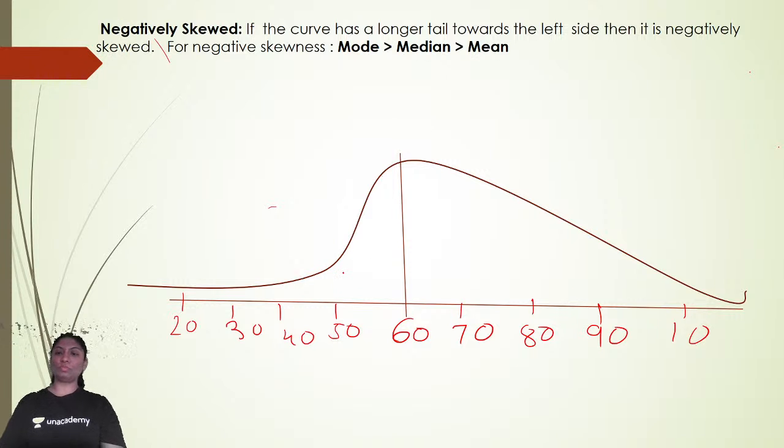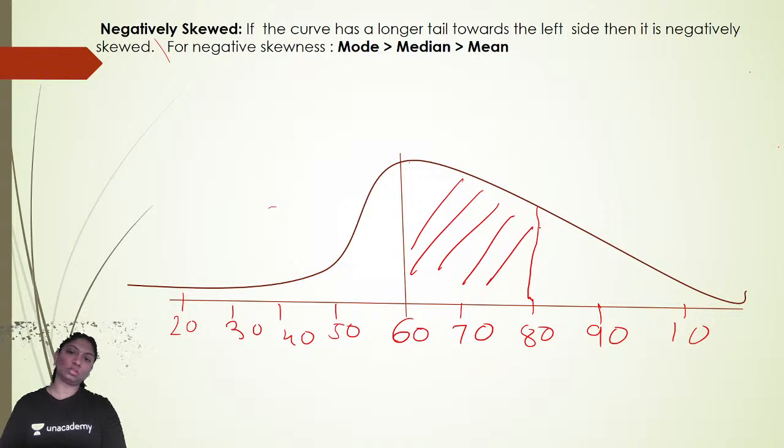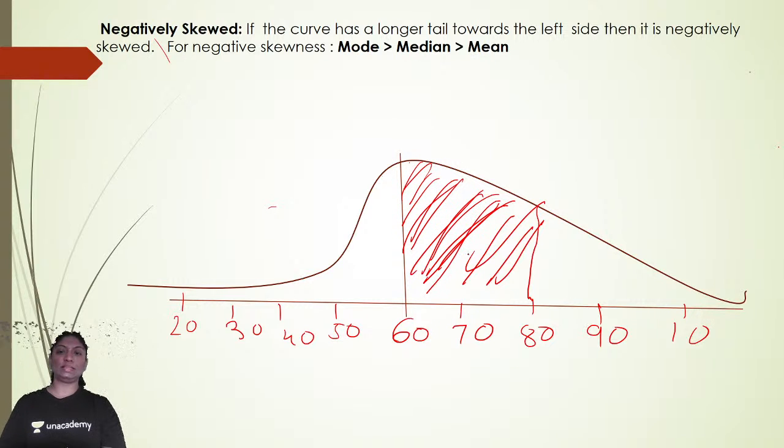If you observe, most of the students scored marks between 60 and 90, the maximum marks in an easy test.